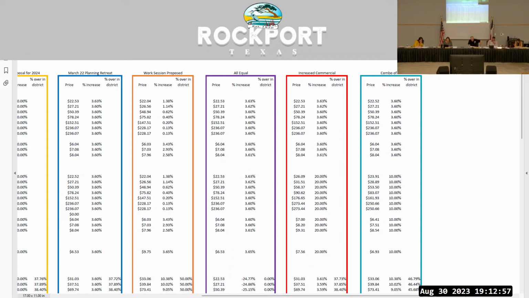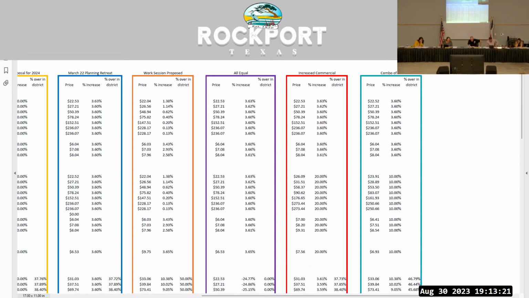So if we go combo, that gets us to a pretty healthy compromise with a pretty substantial increase for inside city users. It doesn't make me happy, since my number one responsibility is to the people who live in my ward, but if that will soften the water blow, I think it somewhat makes sense.